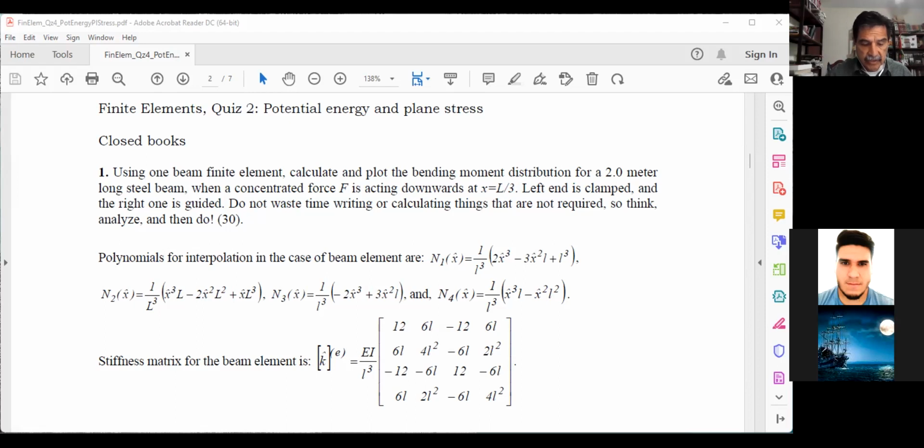What's the support on the left of the beam, Mr. Wacon? It's clamped. How about the right? It's guided. Okay.